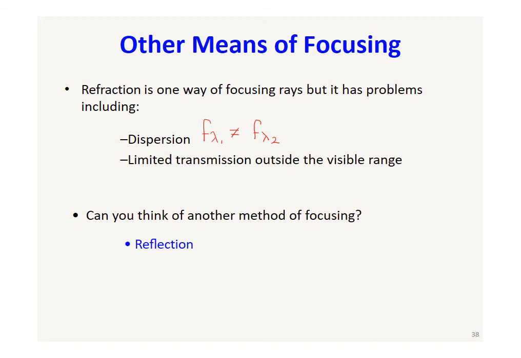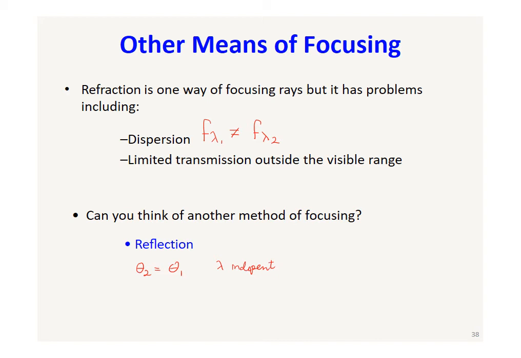So when it comes to a mirror, the mirror uses the law that the angle of reflection is equal to the angle of incidence, and is completely independent of wavelength.